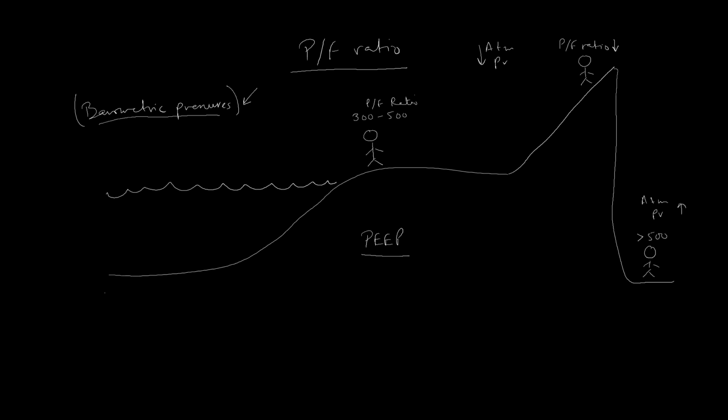as we discussed earlier, the Berlin definition had very discrete PF ratios for mild, moderate, and severe ARDS, and all of these PF ratios, 200 to 300, and then 100 to 200, and less than 100.